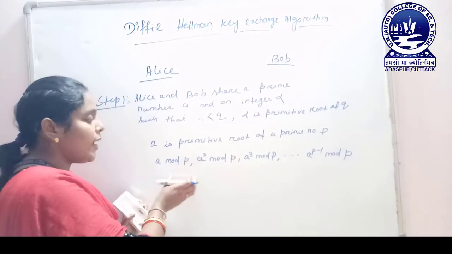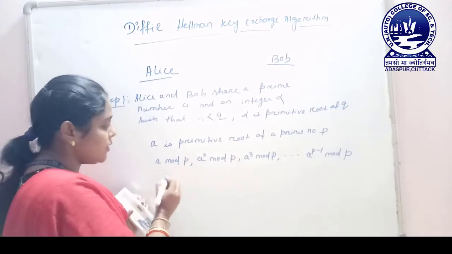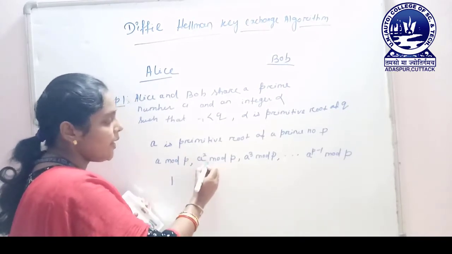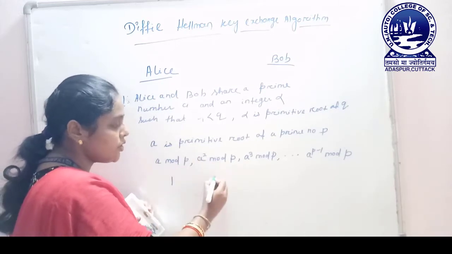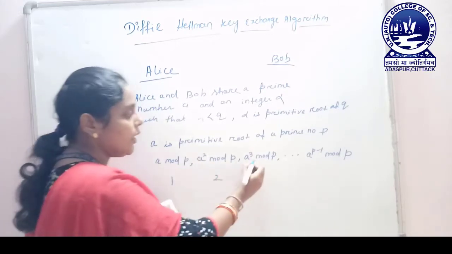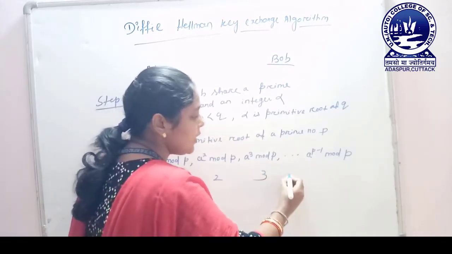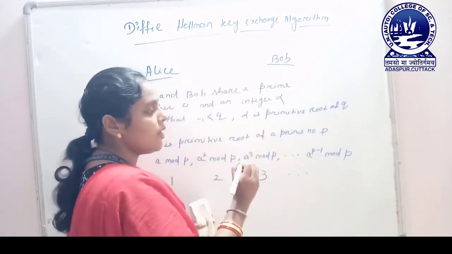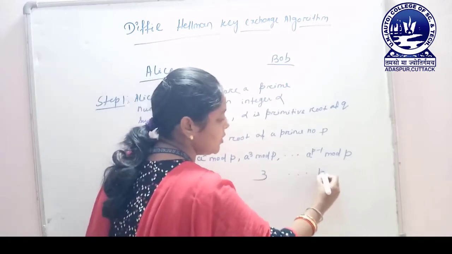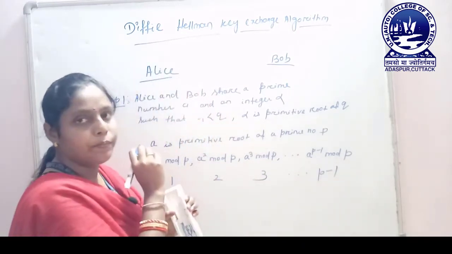When we take A mod P, it gives the result 1. Then A square mod P gives the result 2. Then A cube mod P gives the result 3. In this way, A to the power P minus 1 mod P gives the result P minus 1.